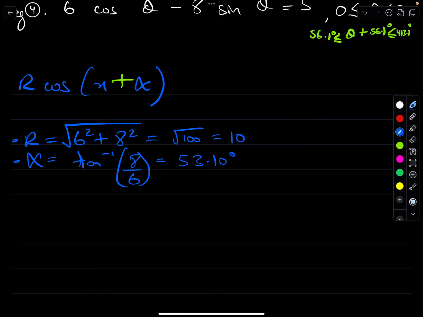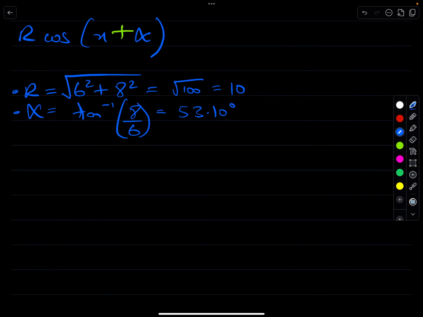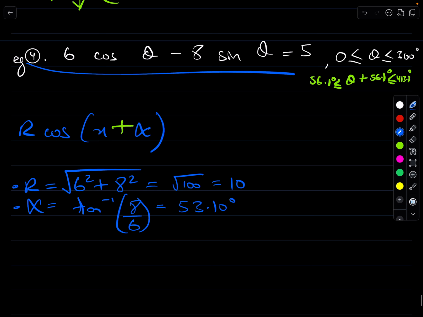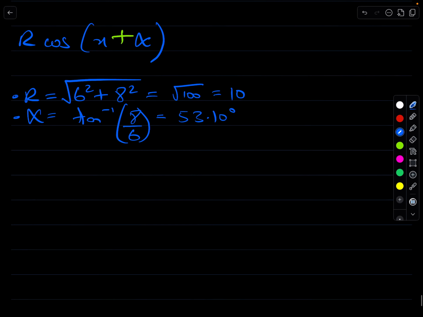So once we have the range, we'll express this whole thing like this and then solve for alpha, or rather for x.